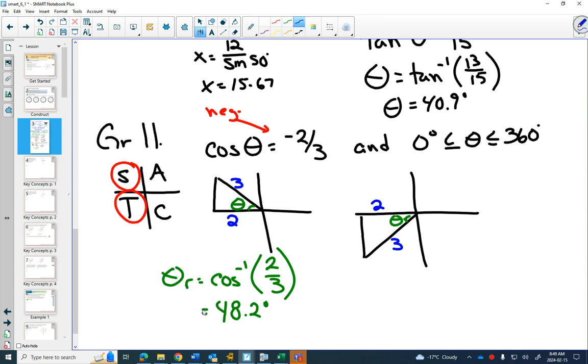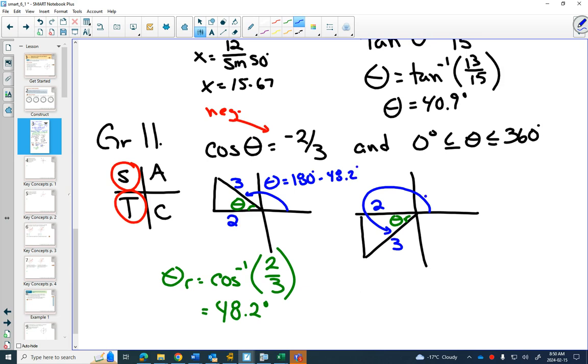Then to find the actual angle, we are finding the angle in standard position. Because our answer was supposed to be between 0 and 360 degrees. Those are positive answers, so we're going in the counterclockwise direction. And now I know what my reference angle is. Can you see in this one, my actual angle would be 180 degrees all the way here, minus the 48.2 degrees.